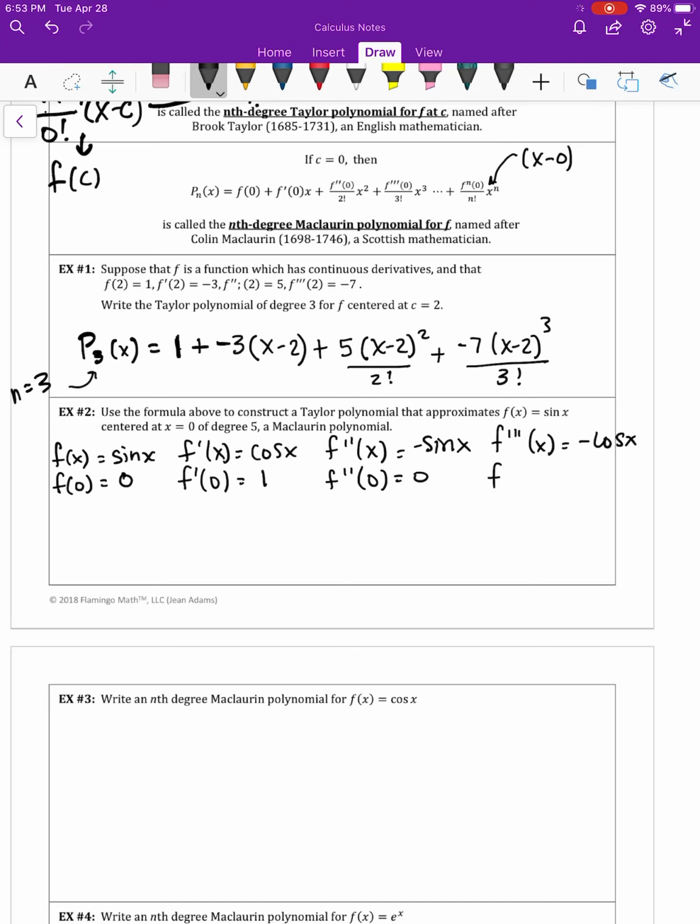And then the third derivative of our function and the third derivative at 0. The fourth derivative of our function and our fourth derivative at 0.